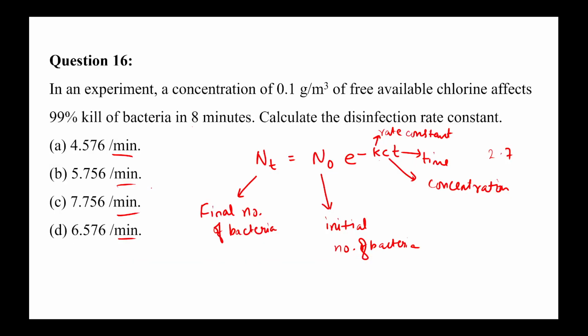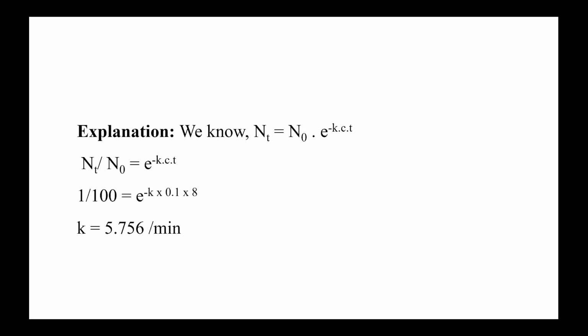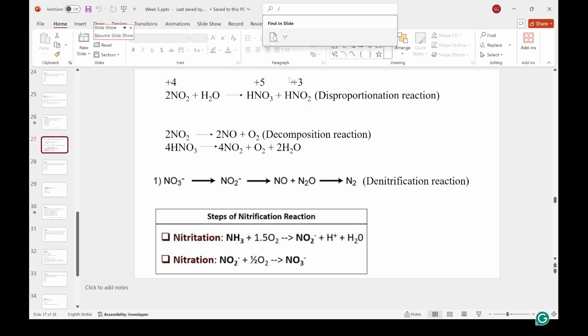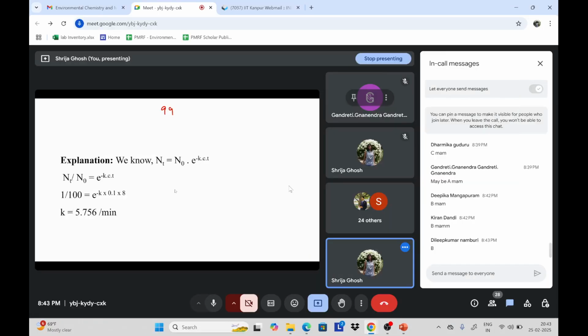So let's look at the solution. I told you NT is the final number of bacteria.